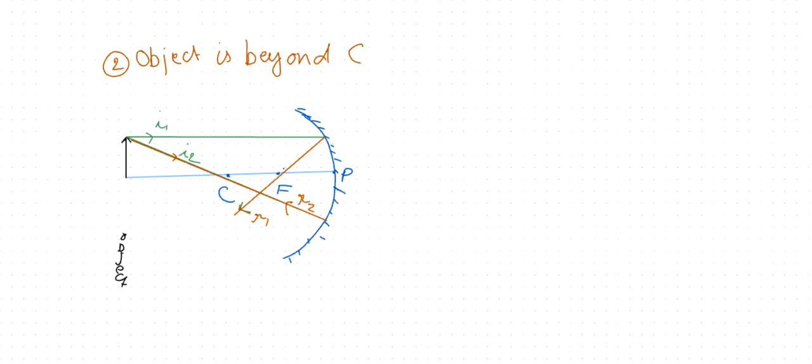I'll make the images red. So, we make a line between the principal axis and where these two reflected rays converge. Okay, so it's this. Now what would be the sign of the arrow here?